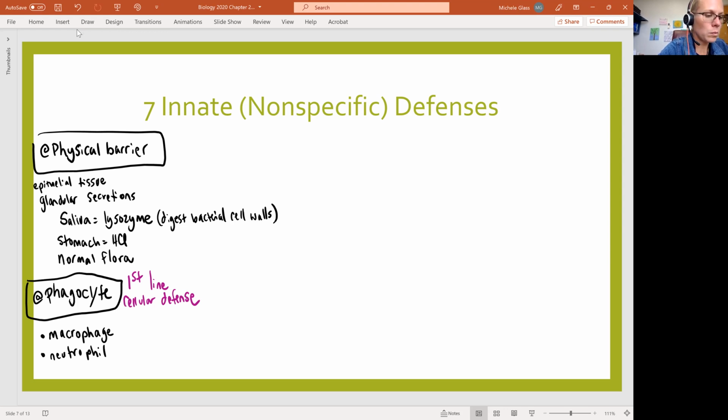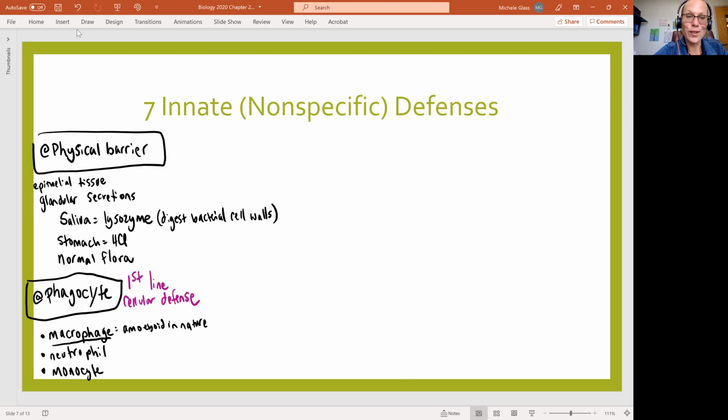Notice these are all white blood cells, monocyte as well. When we talk about that macrophage, these are amoeboid in nature, which means that they are able to send out extensions of the cell and move in that direction. So they can actually move through your body.